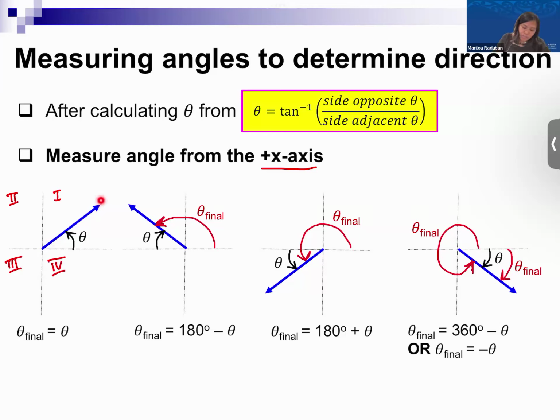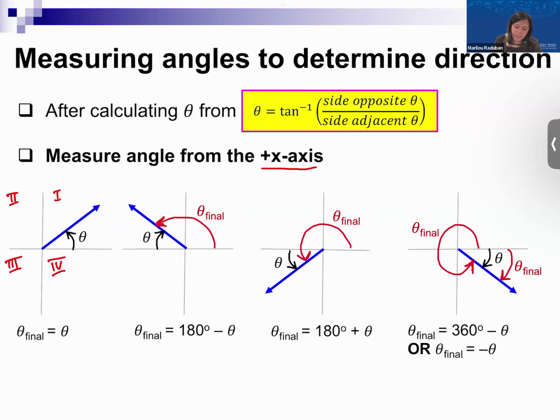If the resultant vector is in the first quadrant, then you can easily calculate for the angle theta. Whatever angle you solved here will just be the final angle that you will give as the answer. If the resultant vector is located in the second quadrant, the angle that you calculate using this trigonometric identity is usually measured from the negative x-axis.